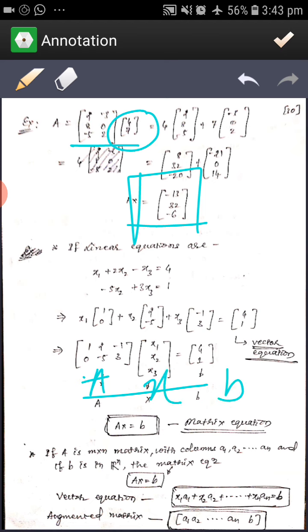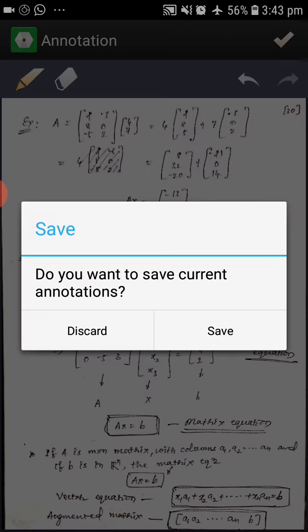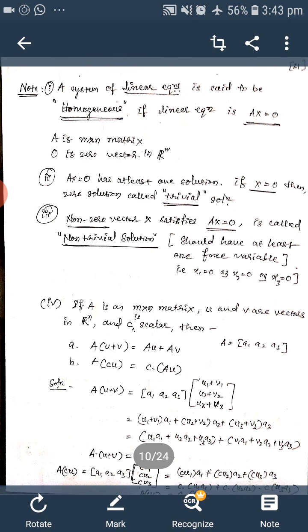Ax = b form means, as I told, the linear equation can be a matrix equation, or a vector equation a1 x1 plus a2 x2 and so on up to an xn is equal to b, or it can be an augmented matrix like this. So in many forms we can write the linear equations.